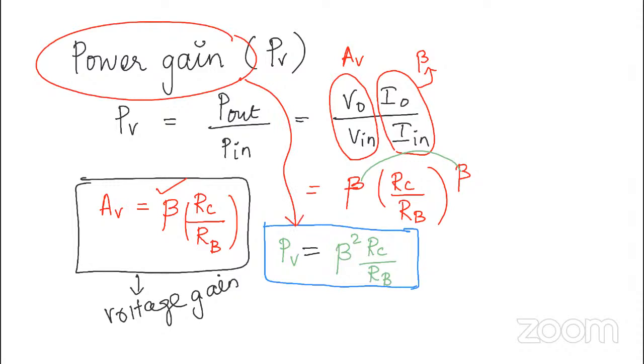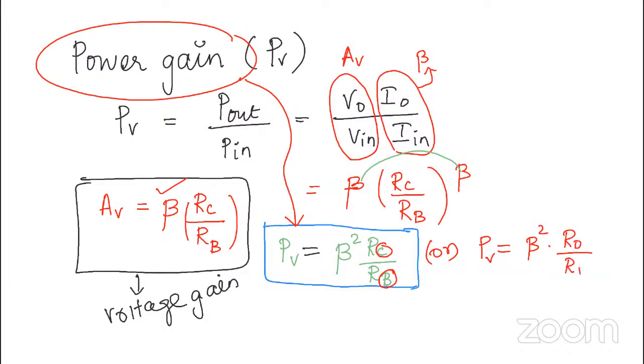Okay, so we write one more. That is RC, which is nothing but the output. Collector and base. C represents the collector and B represents the base, right? So output by input. Similarly, we write the formula for power: PV is equal to beta square into R naught divided by RI.